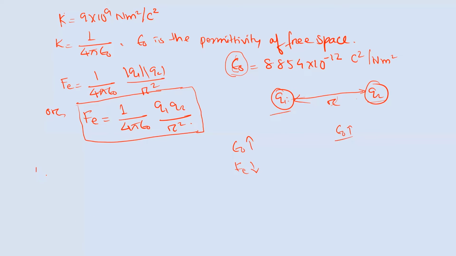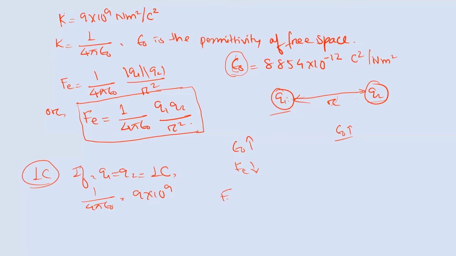Now we will see what is 1 coulomb. How can you define 1 coulomb? Suppose Q1 equals Q2 equals 1 coulomb, and 1 by 4 pi epsilon naught equals 9 into 10 to the power 9.